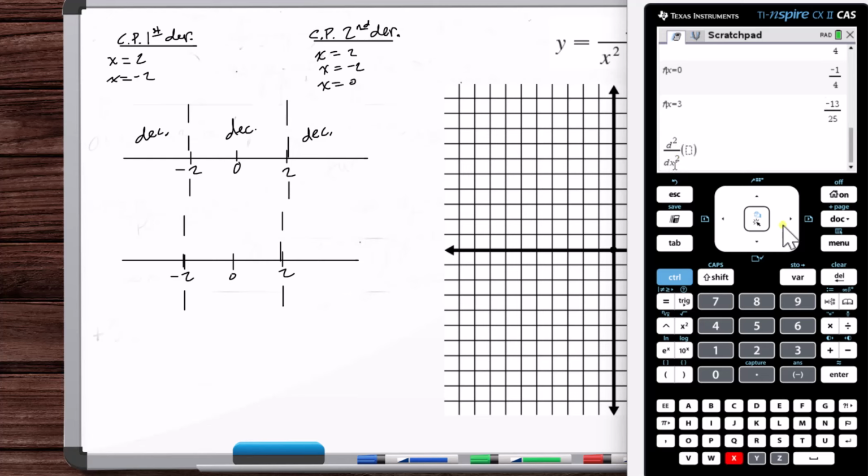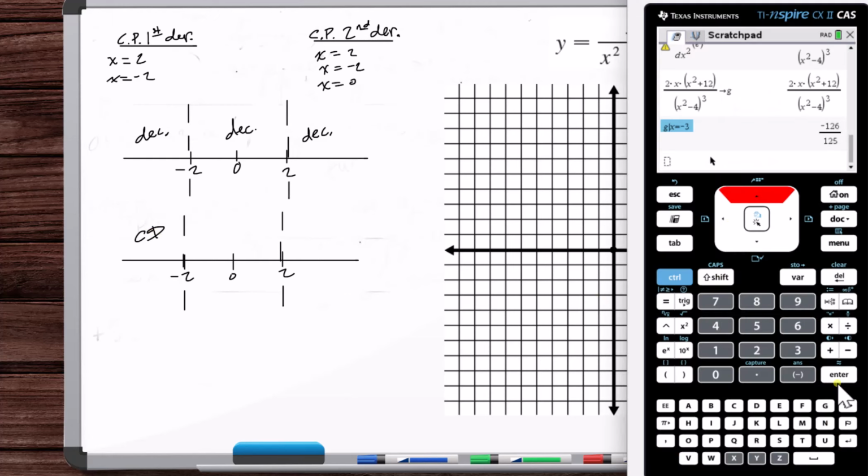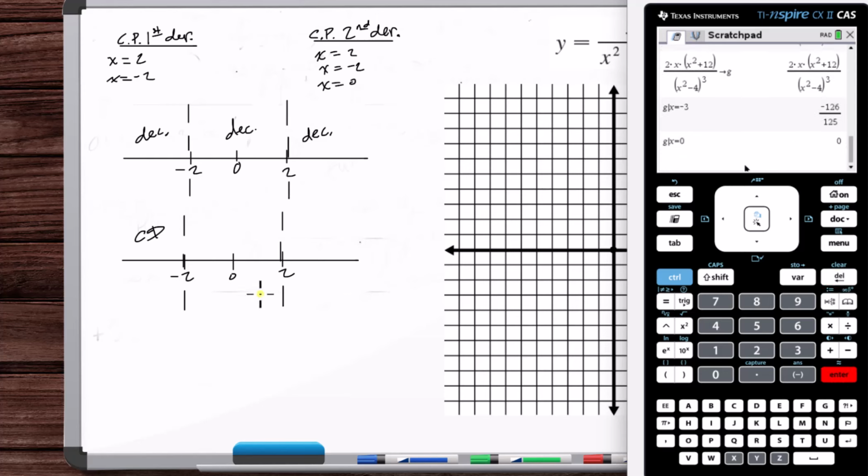All right, what about concavity? Call this g. So g with x equal to minus 3 is negative. So concave down in this region. Okay, that's inconclusive. So let's see.